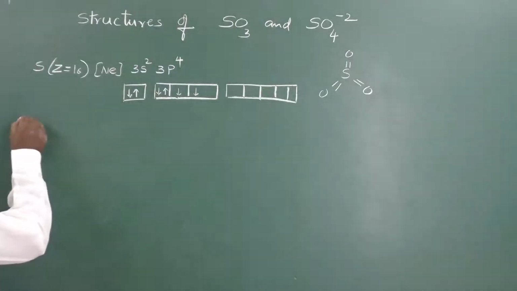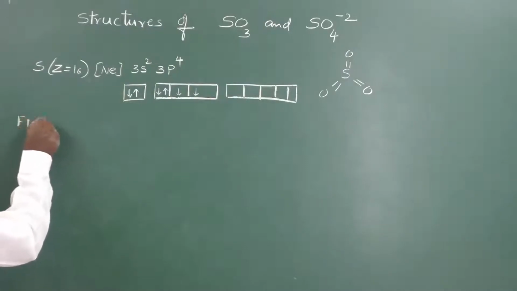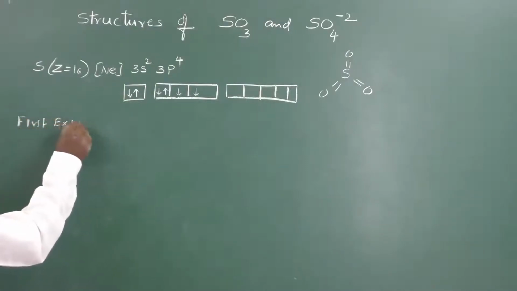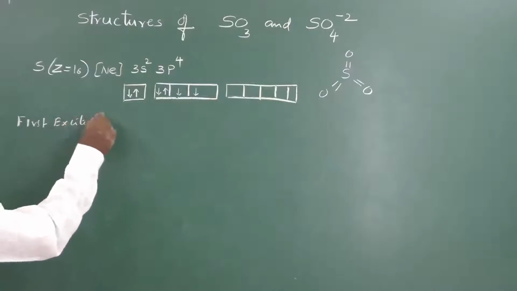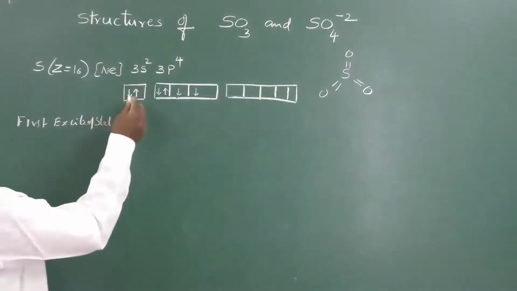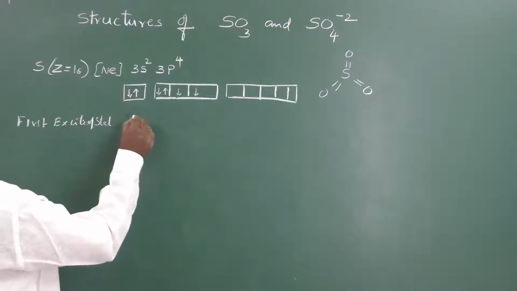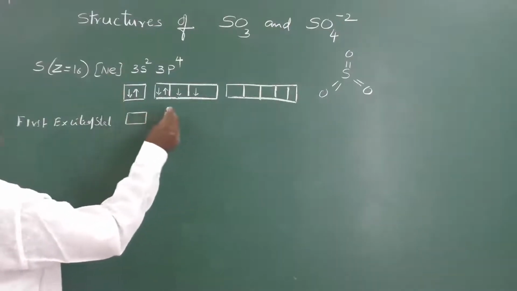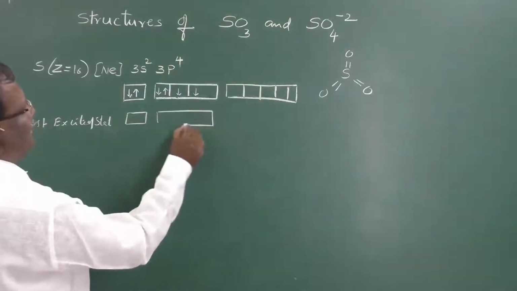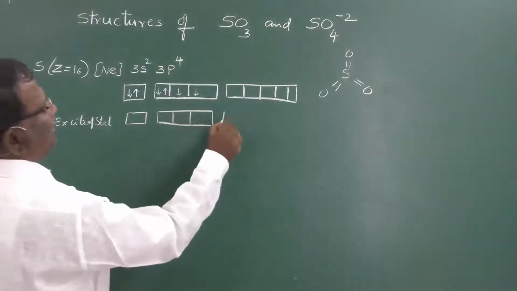So, in the first excited state, the electronic configuration will be 3s2 3p3 3d1.